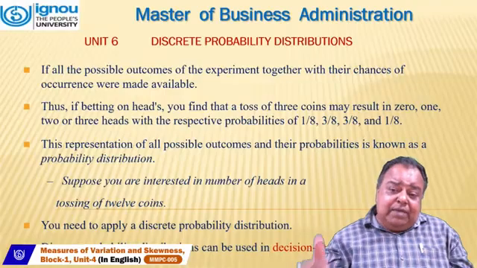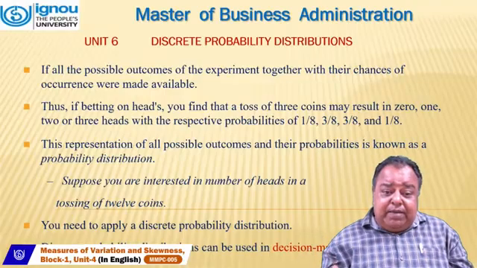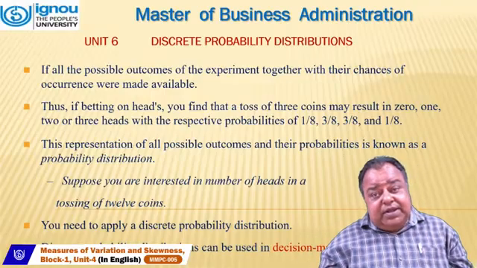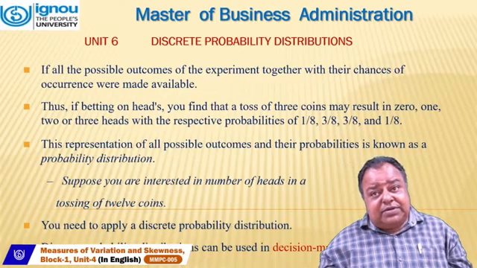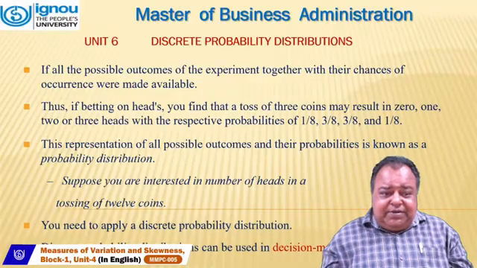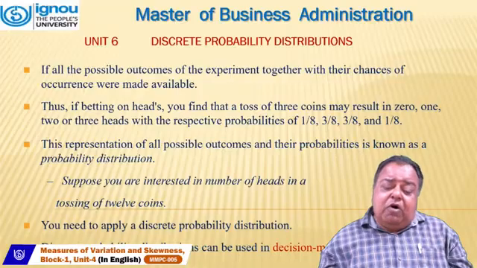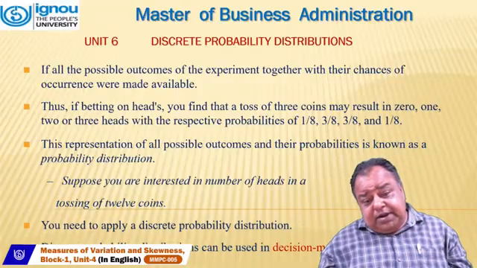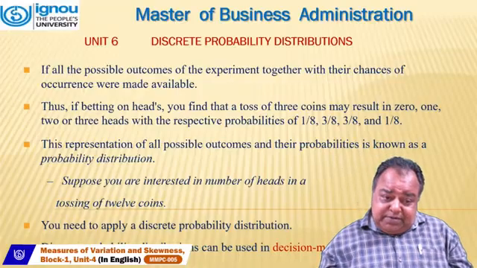That means when we are flipping 3 coins, there is a probability that no head comes, 1 head comes, 2 heads come, 3 heads come. So we have different probabilities. This representation of all possible outcomes and their probabilities is known as a probability distribution.